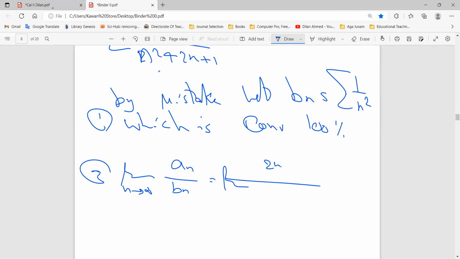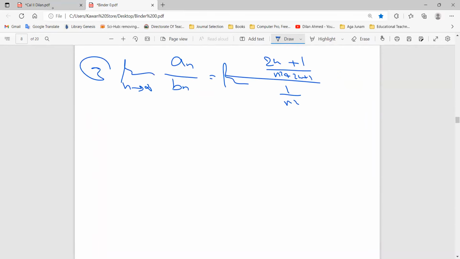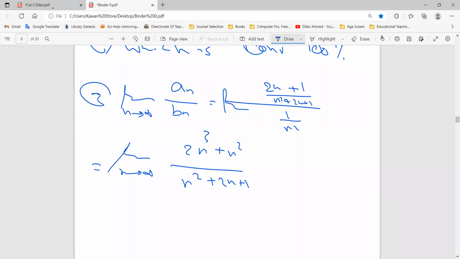The limit of (2n plus 1) over n squared, divided by 1 over n squared. Am I right? And the reciprocal of the second fraction, you'll get what? You understand how? The reciprocal of n squared multiplies the numerator, and you get that one, right?